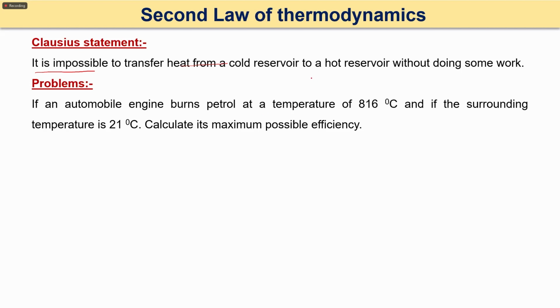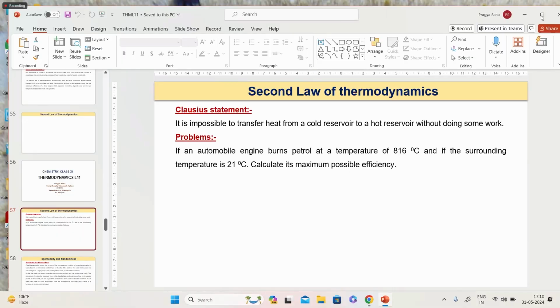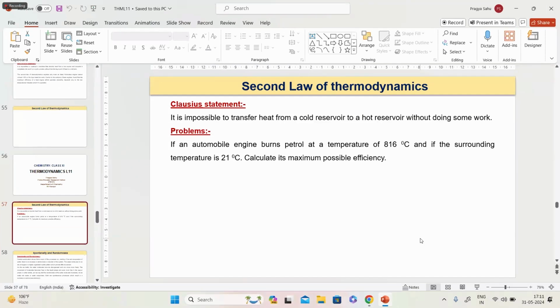So, let us say this is your cold reservoir. So in order to transfer heat from this cold reservoir to the hot reservoir, the Clausius statement says that it is impossible for us to transfer heat from a cold reservoir to a hot reservoir without expenditure of some work.